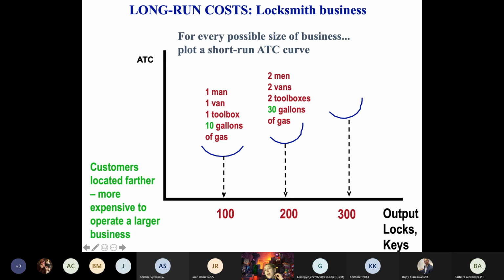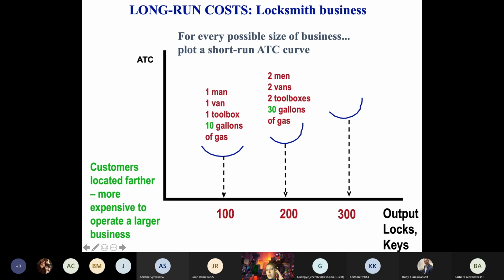Well, this guy is deciding, okay, I can expand. We can work with a partner. We can be twice as large. We can have 2 vans instead of 1. We have 2 toolboxes, and now we can reach more people. But now we have to spend more than twice as much on gas.